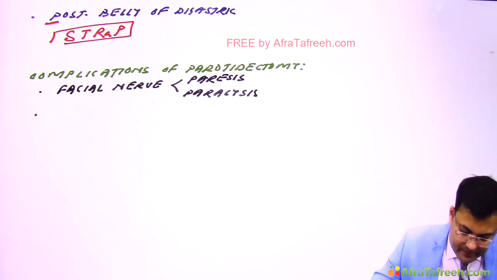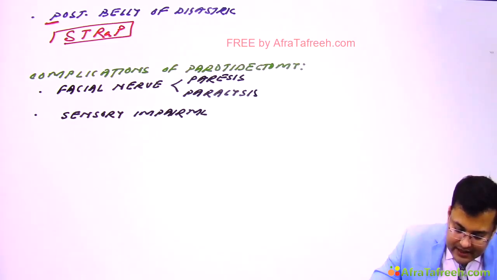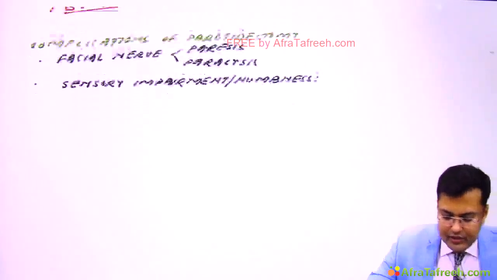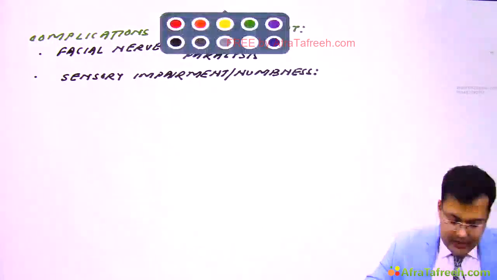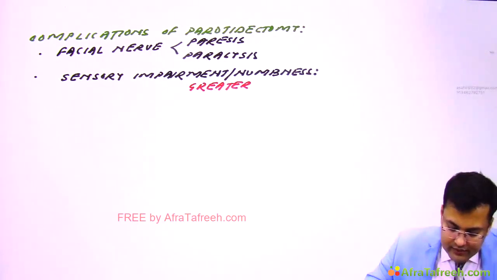There can be sensory impairment, or in AIIMS this term was there, numbness. So sensory impairment or numbness. What's the cause? Because of excision of greater auricular nerve. You have to remember, because of excision of greater auricular nerve.